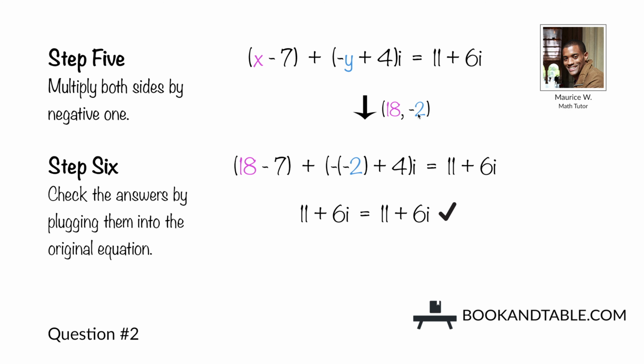And now for y, we'll plug in negative 2 for y here, and that would give us negative 1 times negative 2, which would be positive 2, plus 4 would give us positive 6i. 6i on the left matches 6i on the right, which confirms that y does equal negative 2. So the answer to question number 2 is x is equal to 18 and y is equal to negative 2.